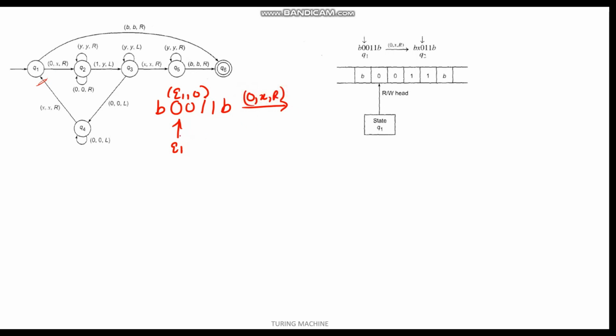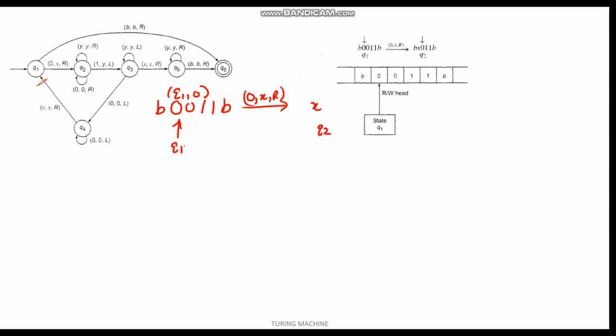It means this 0 will be replaced with x. So we will replace this 0 with x. Fine. The next state in this case is q2, because the state changes with input 0. And what happens in the next case? When this is given q2, it is replaced with 0 and the head moves towards right.